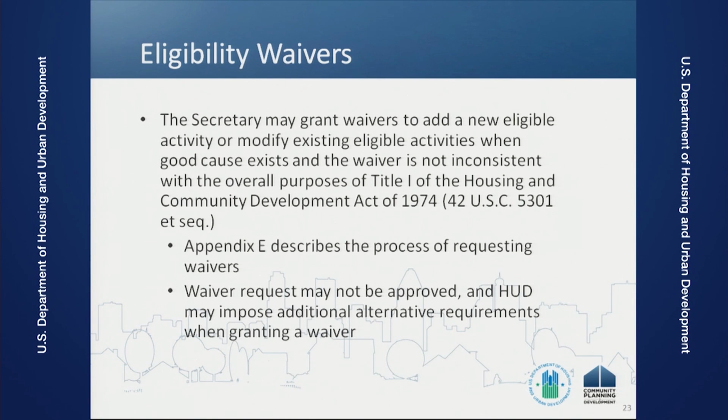Applicants that would like to seek a waiver should refer to Appendix E of the NDRC NOFA, which describes the process of requesting waivers. It's important to note, though, that waivers, even if requested, may not be approved. And even if approved, HUD may impose additional alternative requirements.